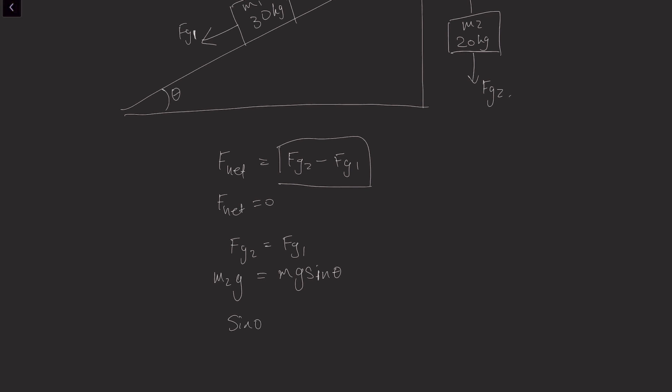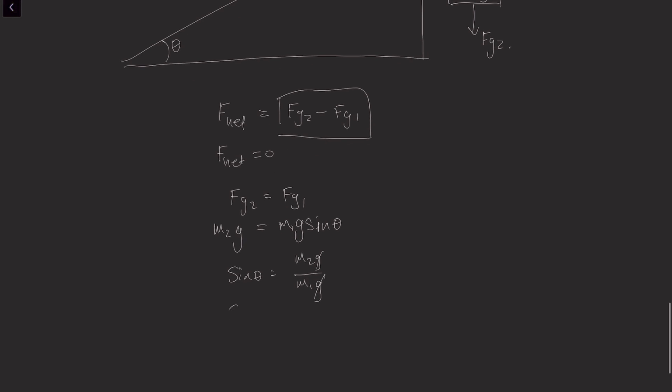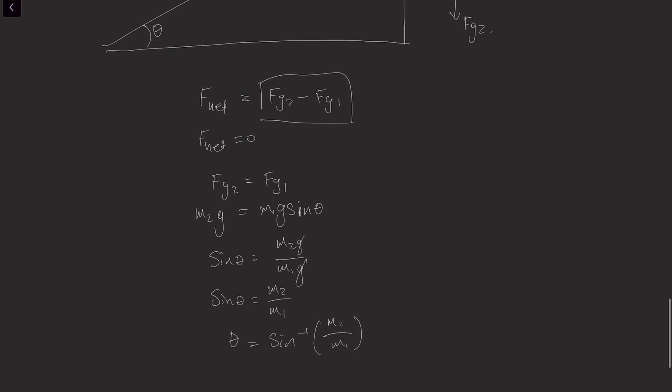Rearrange to find sine of theta, which is m2g over m1g. The two g's cancel. So we're left with sine theta equals mass 2 over mass 1. And to find theta, of course, we just take the inverse sine, or arc sine.